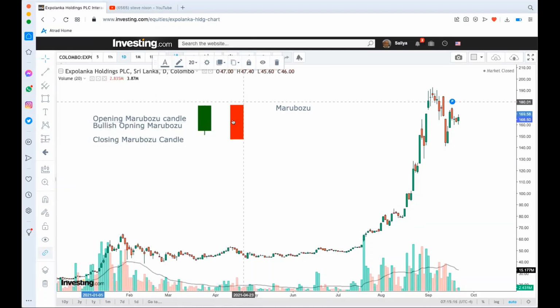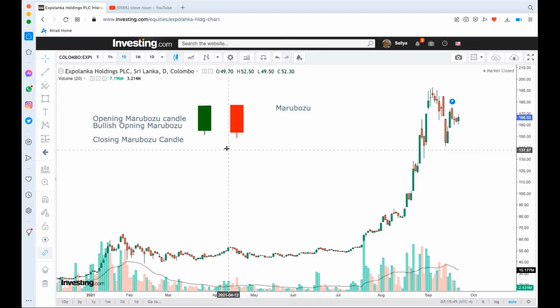On the other hand, when it comes to the bearish formation, you have the bearish Marubosu candle. When you see the wick at the bottom without the wick at the top, it is known as a bearish closing Marubosu candle.